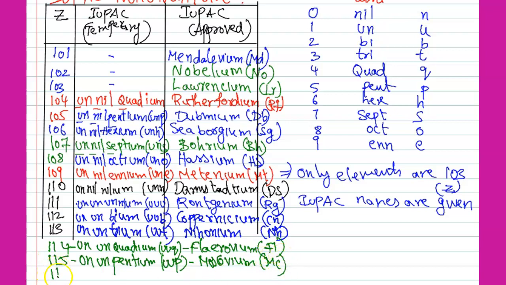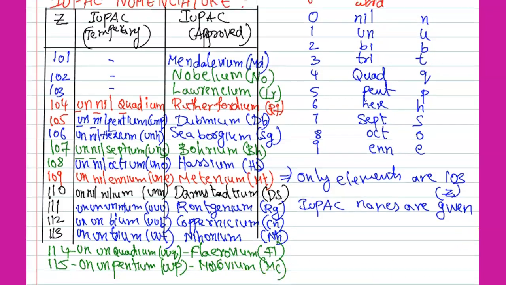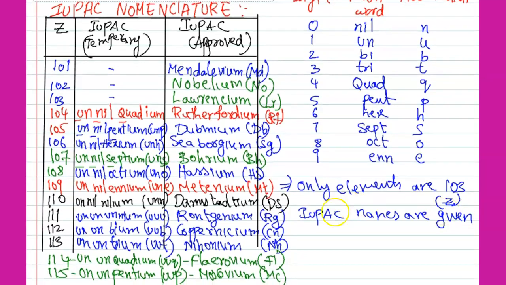And 116 means unhexium. Its name is Livermorium, symbol Lv.